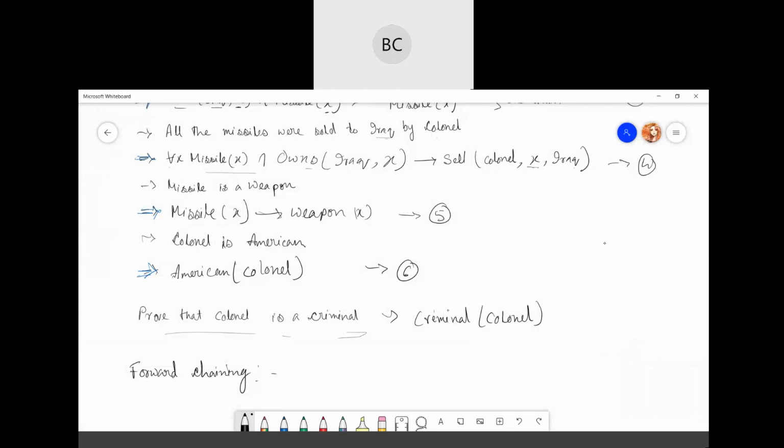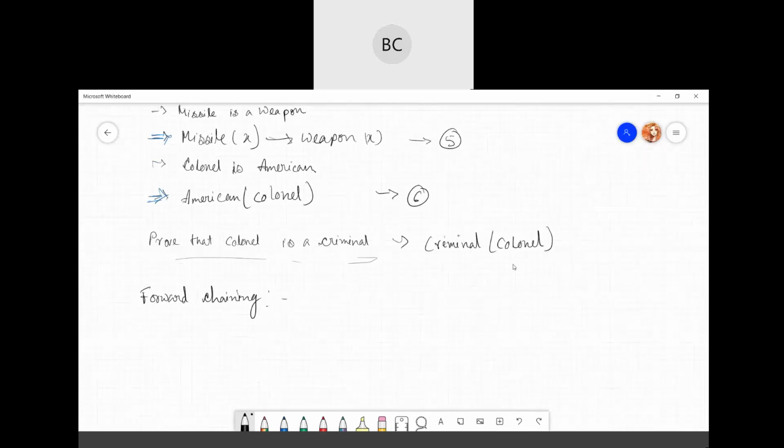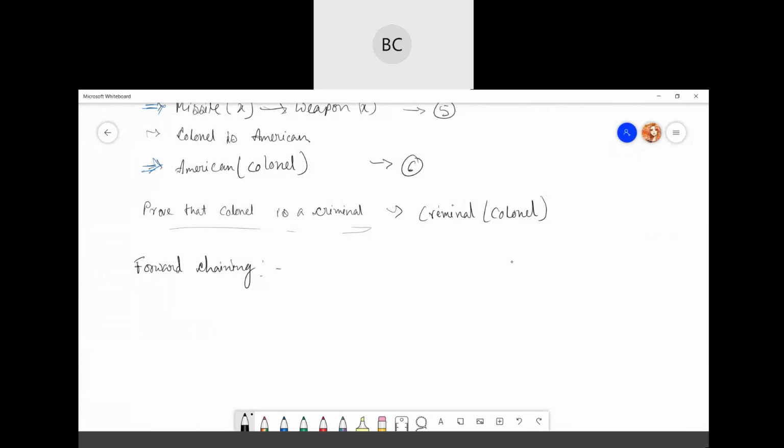The small things you check first before going to the implication part, because the implication's left-hand side is nothing but a combination of single FOLs. So the first thing we have is American. These are the initial state. I can just write Colonel.